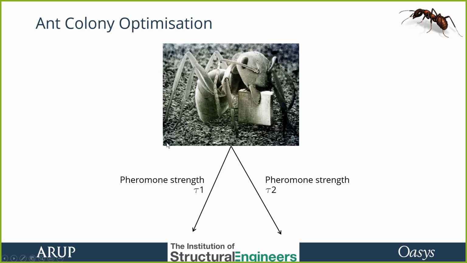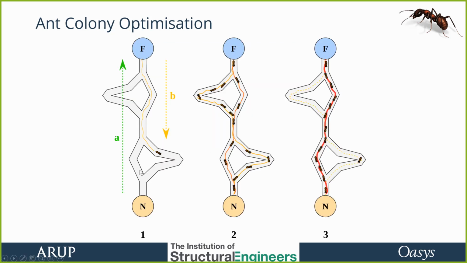So imagine you've got a nest and you've got food, and one ant has found the food, and there are various paths back. It's coming back to the nest in a slightly random way, leaving a trail which says, I found food. Other ants spot the trail, follow it, find the food, grab it and come back to the nest, leaving the same trail.